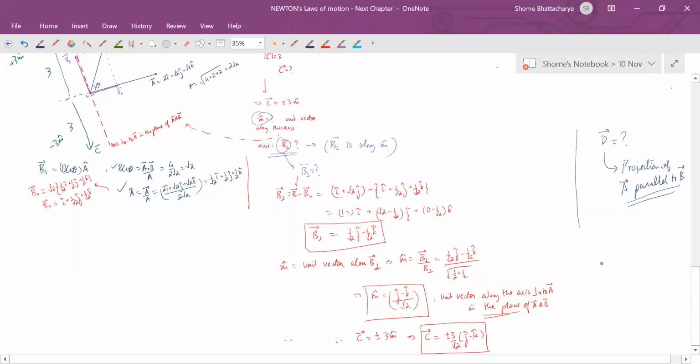This you can do by just the direct formula of the parallel projection, which you have seen even in application in this question. But here we had found out the projection of B parallel to A, whereas D is the projection of A parallel to B. So it's like the inverse application of that.